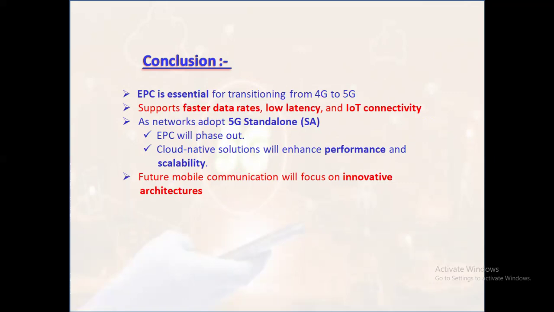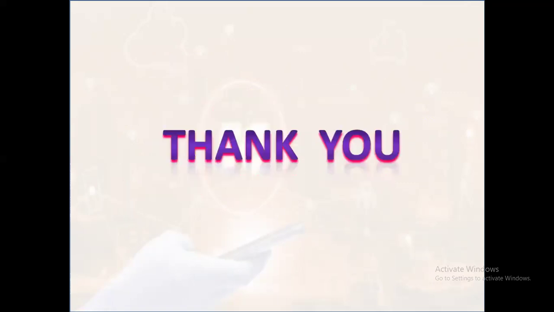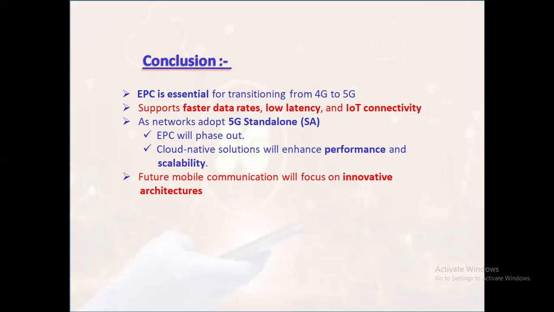By leveraging the capabilities of EPC, mobile operators can gradually enhance their services without completely overhauling their network architecture, thus ensuring a smoother and more efficient transition to 5G. And it supports faster data rates, low latency, and IoT connectivity.